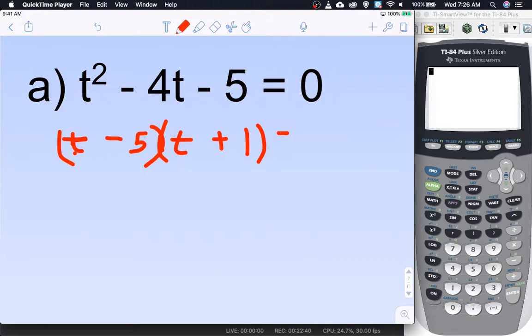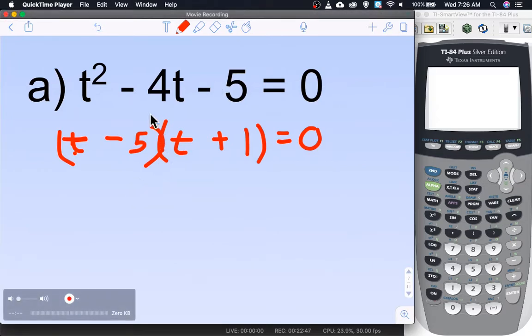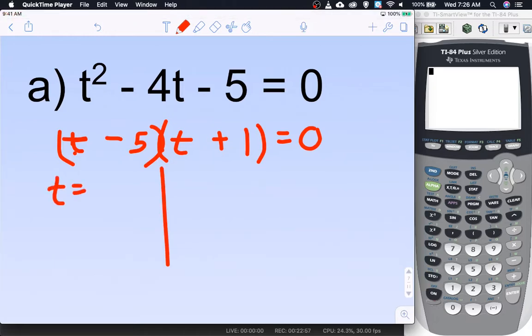But now we're not done, because now this is an equation, and it's set equal to 0. We know this piece here times this piece here equals 0. So either this is 0 or this is 0. So what we do is we set both of them equal to 0 and solve.